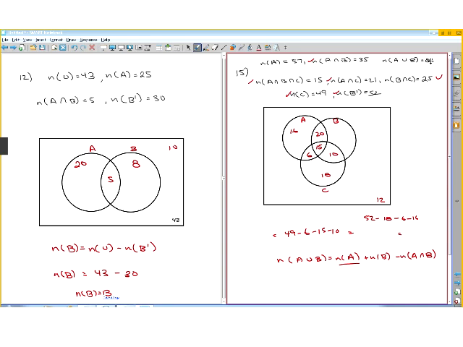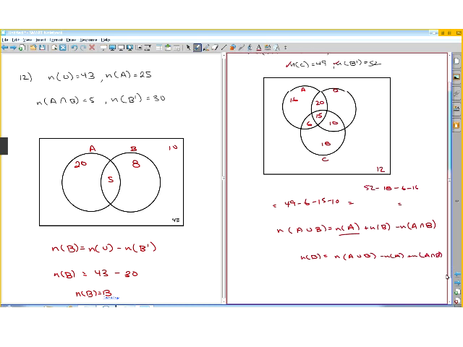So that used this thing right here, and then we have the union of A and B is 81. So what that tells us is, I guess we use this one here. If we solve for the number in B, it's going to be the number of the union of A and B minus the number of A plus the number in the intersection of A and B. So let's do that.